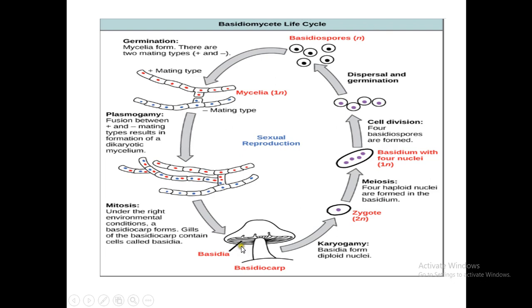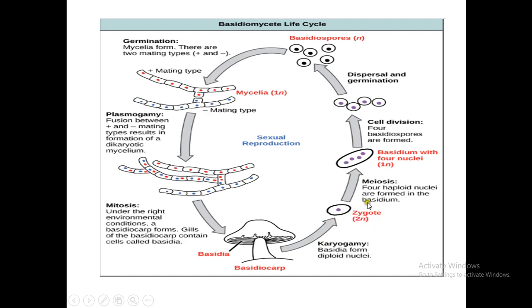Now, what happens in this basidium? It undergoes karyogamy, and the diploid nuclei form a zygote that contains cells from both strains. So it's a diploid zygote.